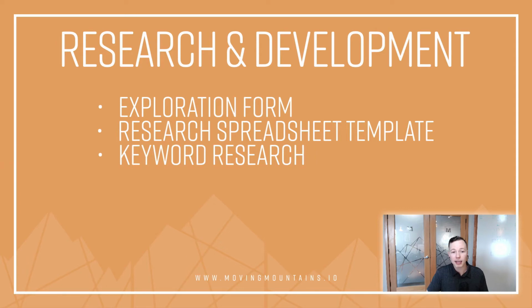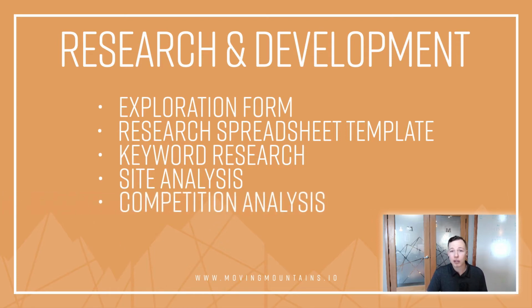Next thing we're going to look at is keyword research. What is it? How do we do it? How do we determine what a good keyword is based off competition, search volume, stuff like that. We're going to do a site analysis. So we're going to look at your website, dive into it, use a bunch of tools, determine where you're at on authority levels, what Google likes about you, what it doesn't like about you, and hit some key points that you need to optimize for so that you're rewarded by Google. Then we'll look at competition.